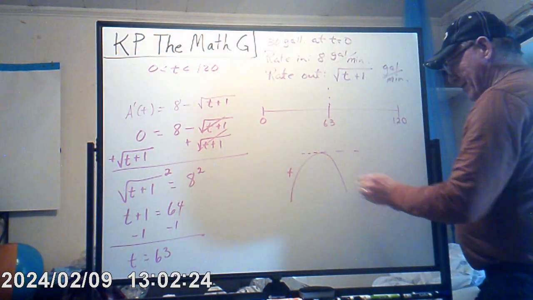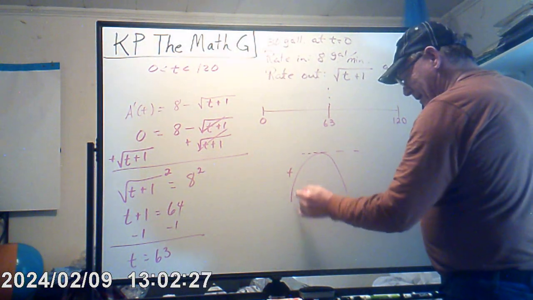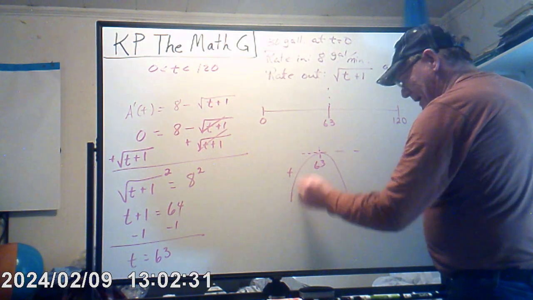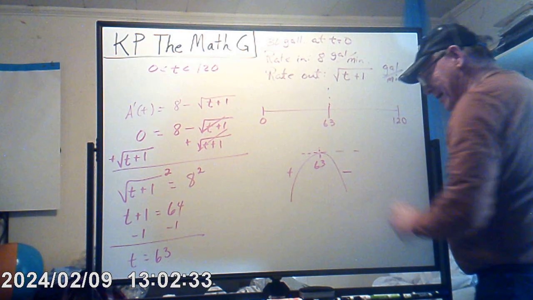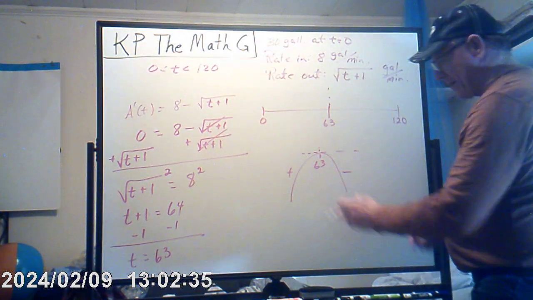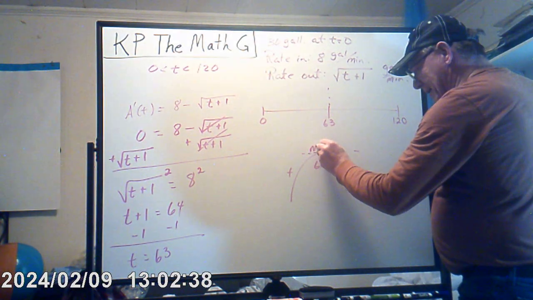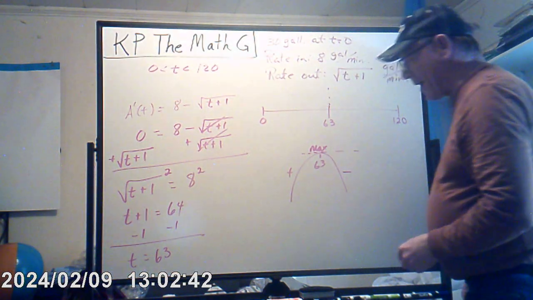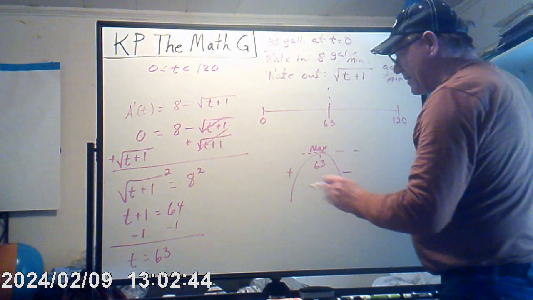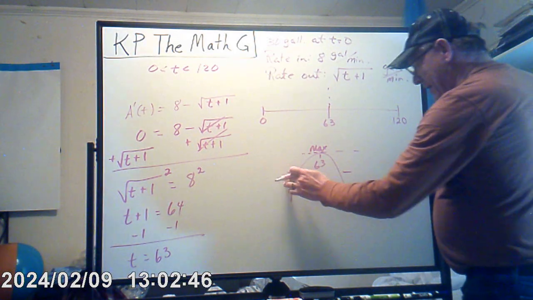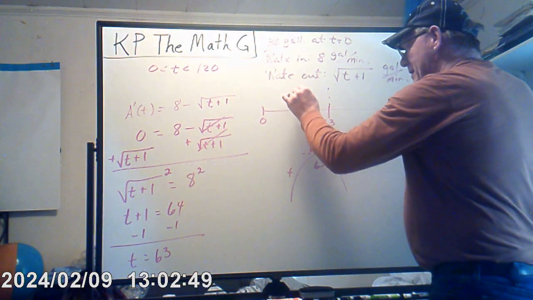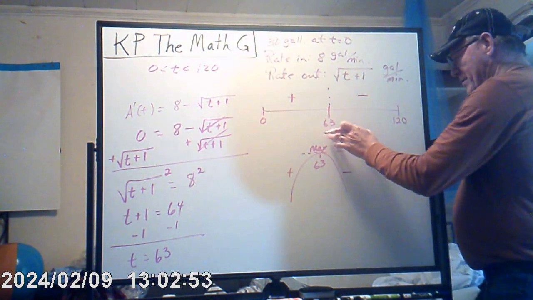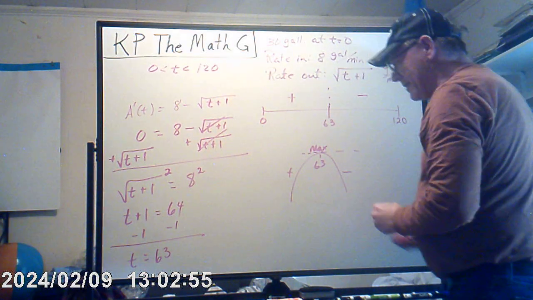If this is a max, then to the left of 63 we're going to be increasing, and to the right of 63 we're going to be decreasing, because this is a max right here. Well, let's test it out and see if that is true: that from 0 to 63 this is positive, and from 63 to 120 this is negative.